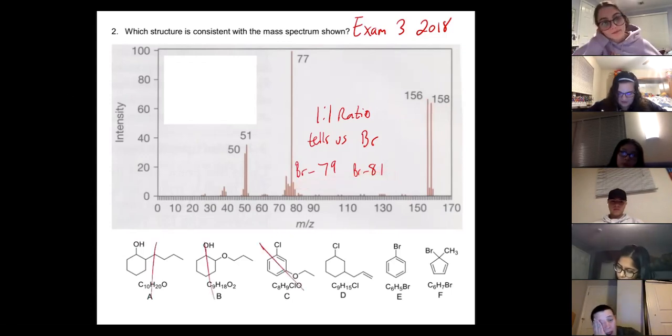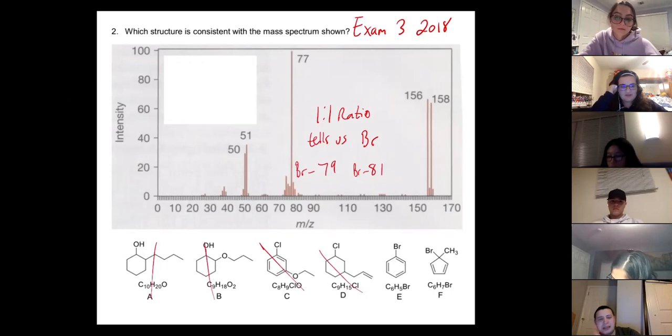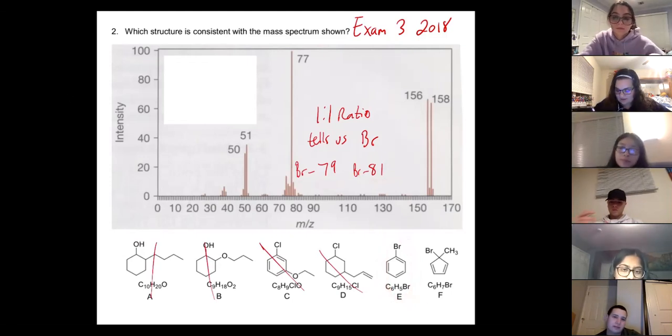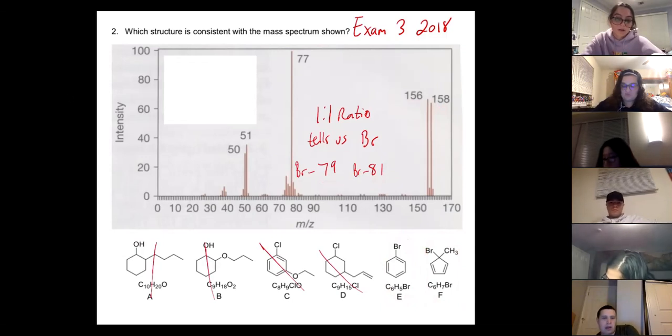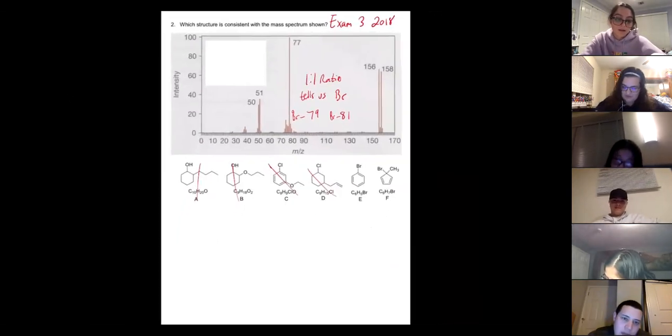Because we know it's Br, we can get rid of everything except for E and F. The only thing you have to do in this problem, which makes it more of a simple one once you realize it, is just calculate the molecular weight of E with both isotopes, calculate the molecular weight of F with both isotopes. And then one of them will add up to 156 and 158, and then the other one only adds up to one of these values, but not the other. It's sneaky and rude.